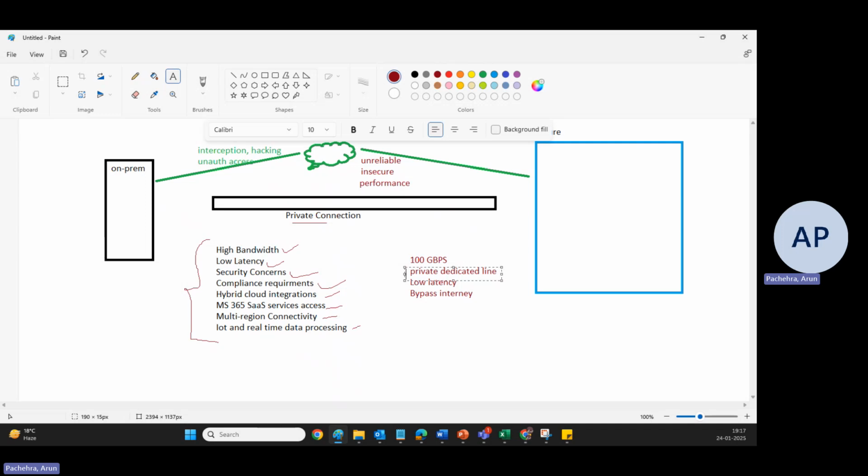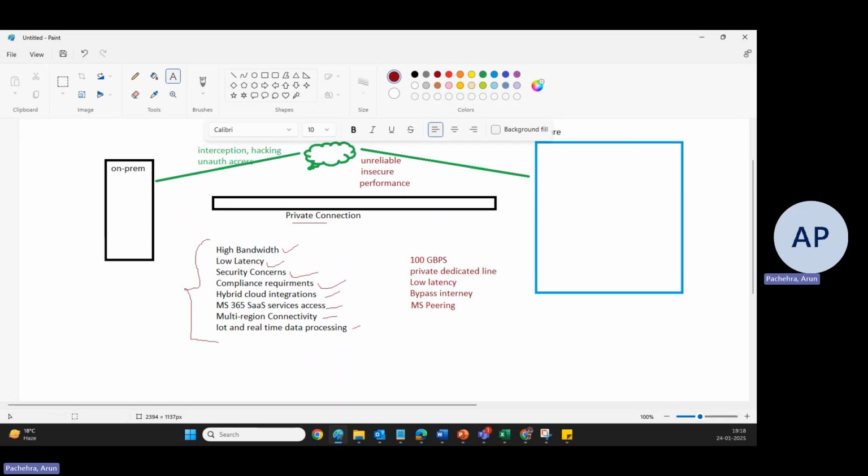Because it provides something called Microsoft peering, you can directly talk to the SaaS applications, which would otherwise be over the internet, but it is going over a private network, so low latency, high performance, and you get connected securely, which improves performance as well for latency sensitive SaaS applications.